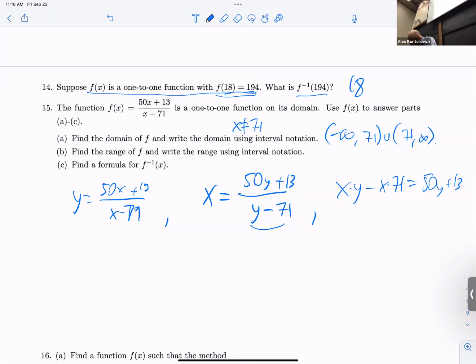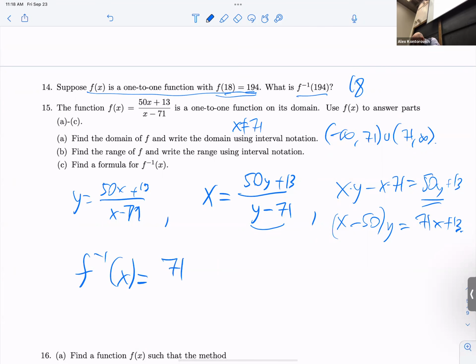I'm trying to solve for y, so let's get all the y's to one side. I have an x times y, and I have a minus 50 times y, and that's equal to 13 plus 71x. So there's my f inverse of x: 71x plus 13 divided by x minus 50.